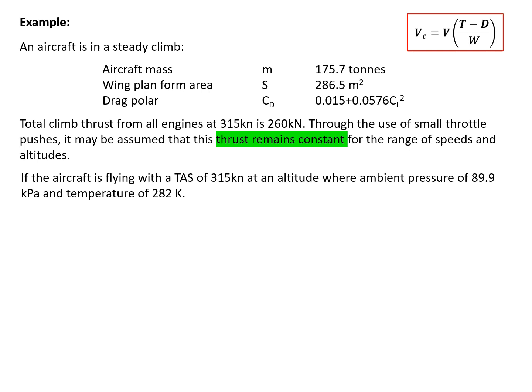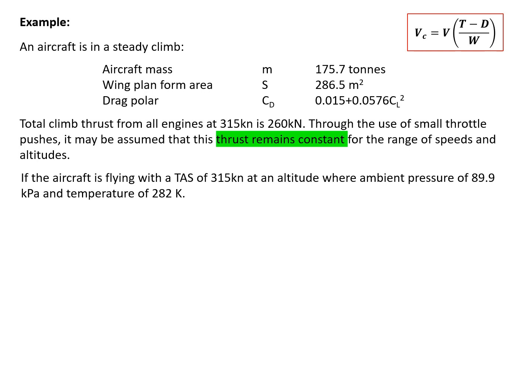So in order to answer that question and how to get it, we need to see through an example, which is the same as we've seen in the first lecture. I'm not going to read through the question, but just to remind you, the thrust is assumed to be constant in this example or in this climb of the aircraft.